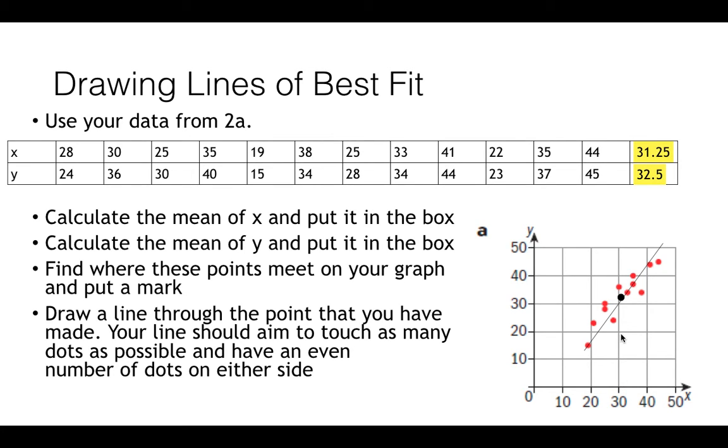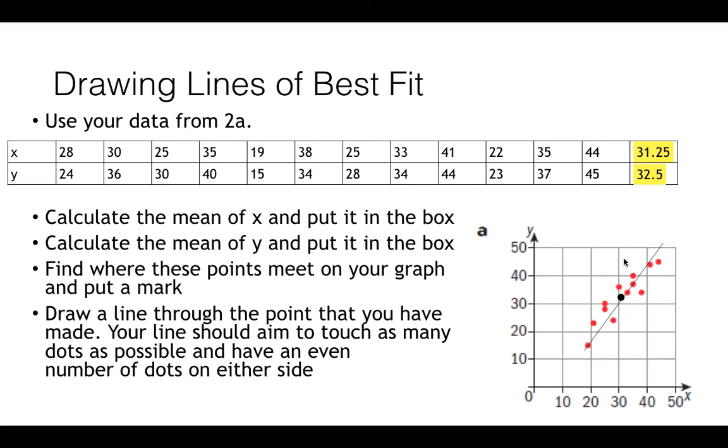Here I've got 31.25-ish and 32.5. I've just popped a little black dot where they meet. Then you can see that my line of best fit is going through that point. And that's the important thing. The line of best fit must go through the means of both of your variables.